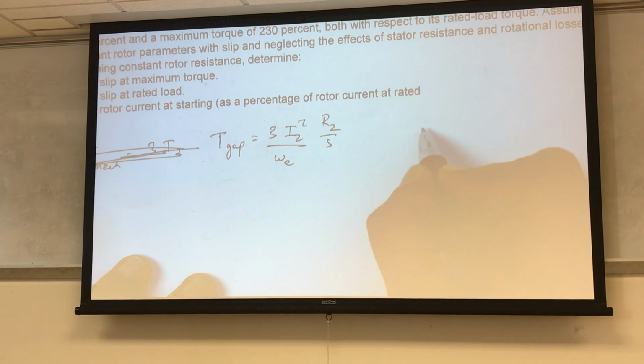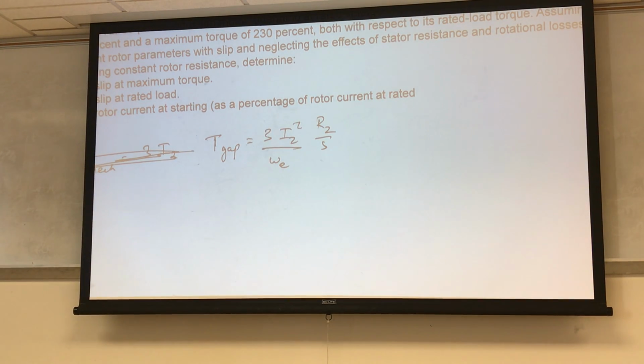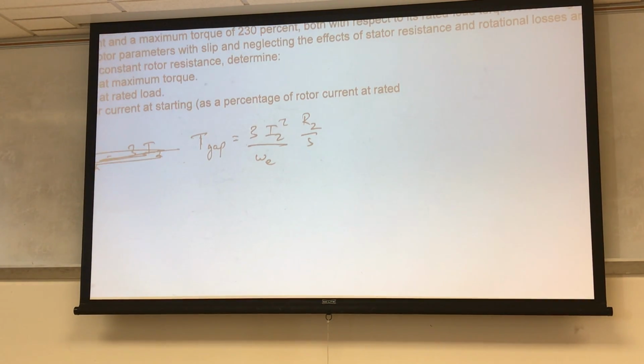Okay, so how do you find the maximum torque? Does anyone have a question on how to find the maximum torque? Because it was taught in the class, so I don't want to go through that again. If you have a question on that, I will go through it. Maximum torque is when, you remember impedance matching, right?